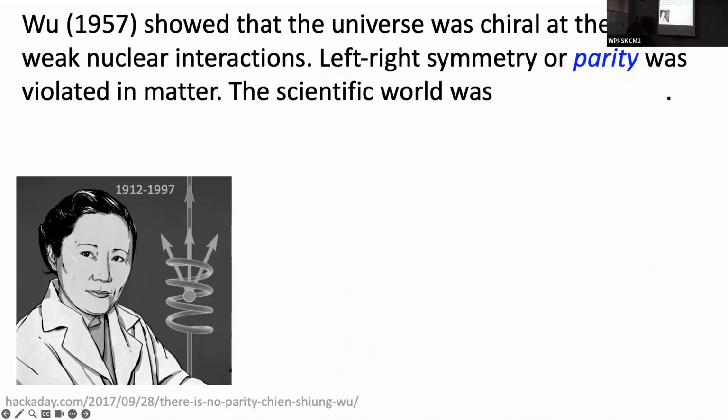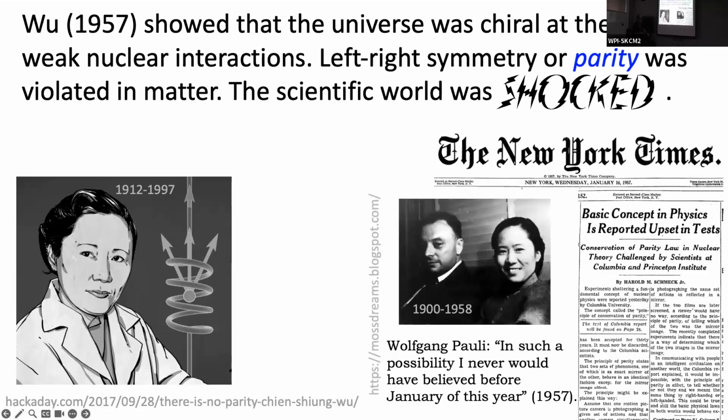So in 1957, the physicist Wu showed that the universe was chiral, left-right asymmetric, at the level of weak nuclear interactions. This was the violation of the law of parity. And when the scientific world learned of this, they were absolutely shocked.